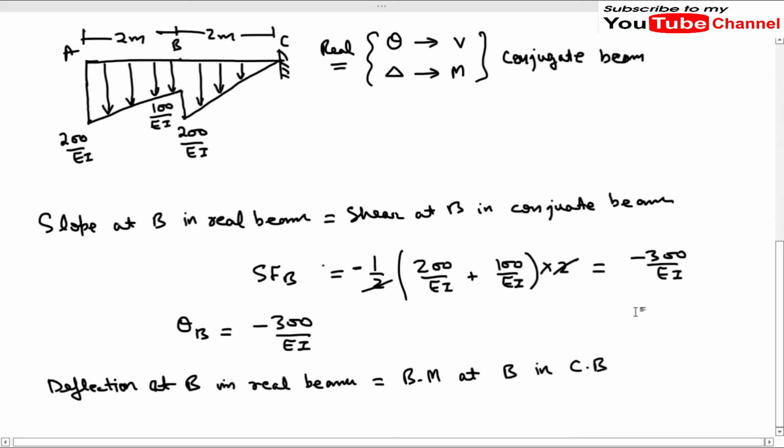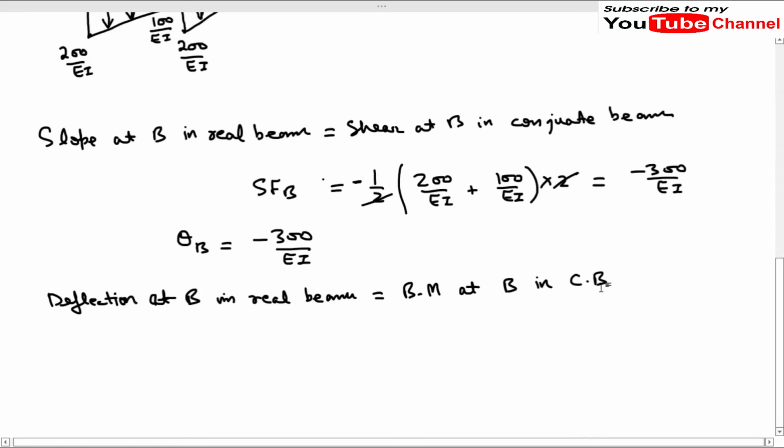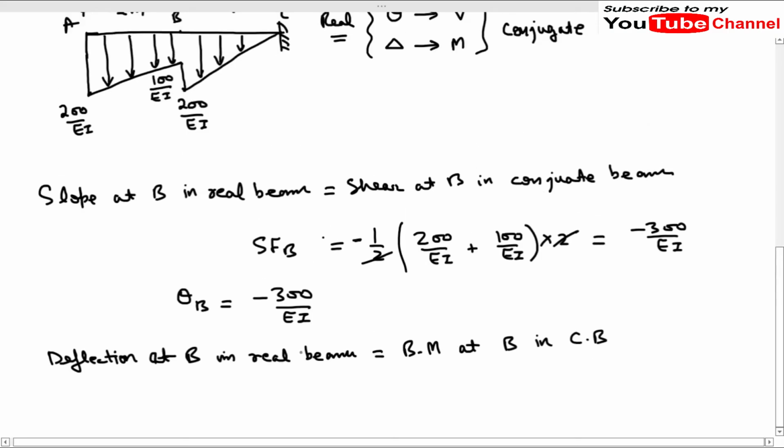So from this diagram, what will be the bending moment at B in the conjugate beam? The bending moment will be the area of this loading multiplied by the distance of the CG of this loading from B. So we can write 1 by 2, 200 divided by EI plus 100 divided by EI, into 2.